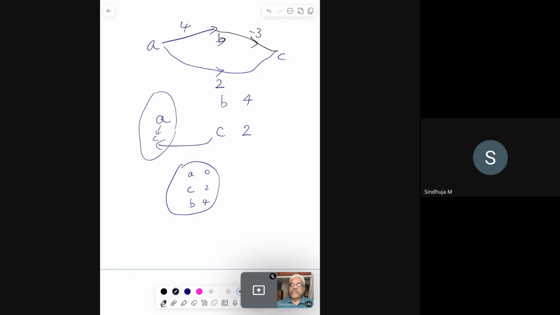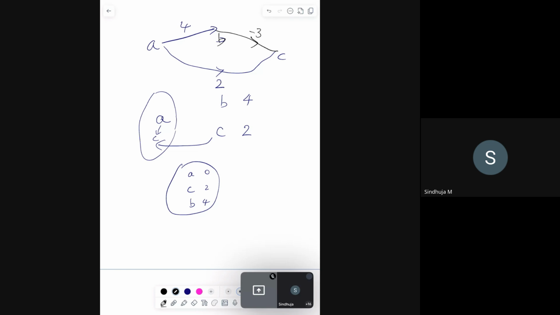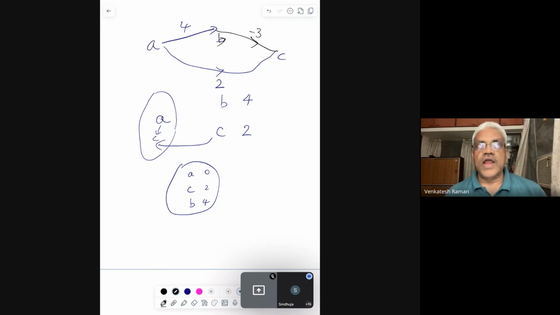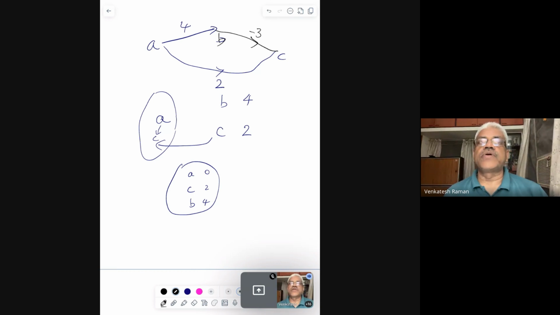So overall distance from A to C is still positive, not negative, but still through B is better. I don't know, did I understand your question? What is your question again? When we had B to C as -5, we got the distance for A to C as -1. Is it meaningful to have a distance which is a negative number?